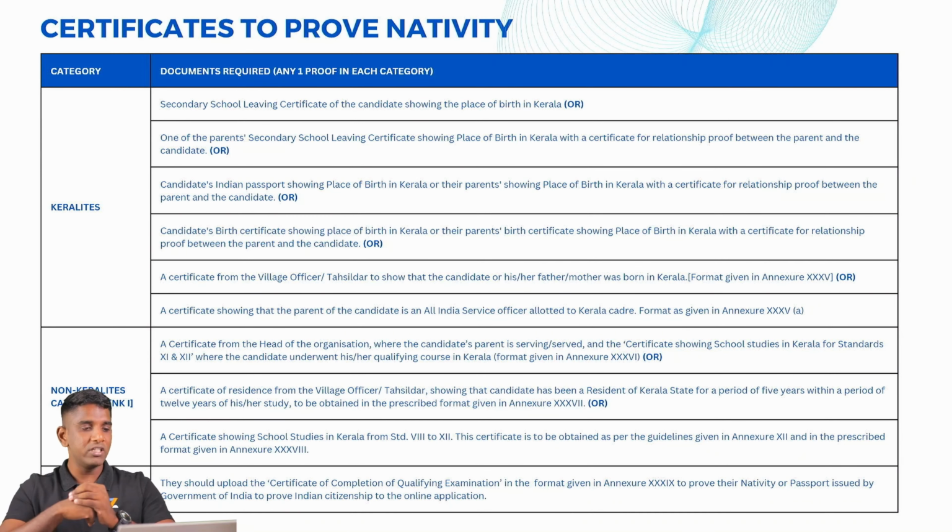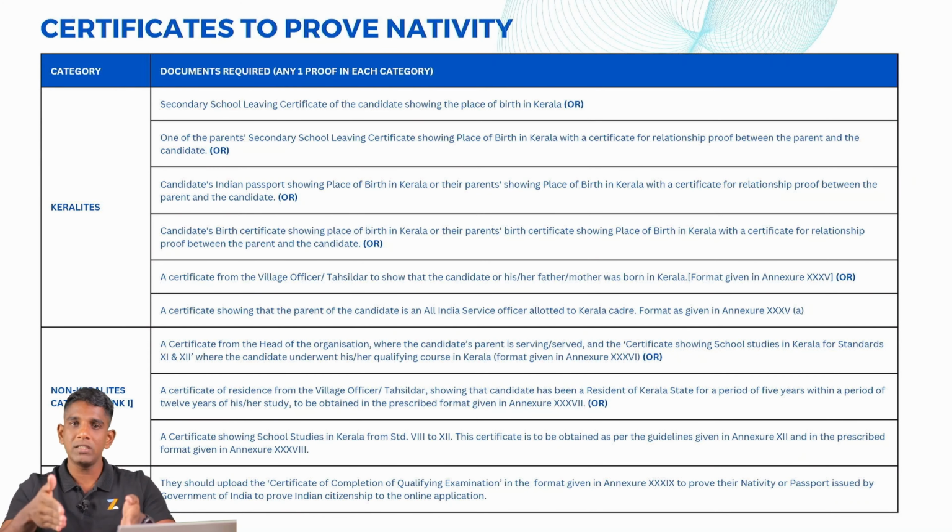The third type of certificate is candidate's Indian passport showing birthplace in Kerala. That is, the candidate's passport showing birthplace in Kerala, or one of their parents' passport showing birthplace in Kerala, and they also have to produce a certificate showing the relationship proof between the parent and the candidate. The fourth type is candidate's birth certificate.